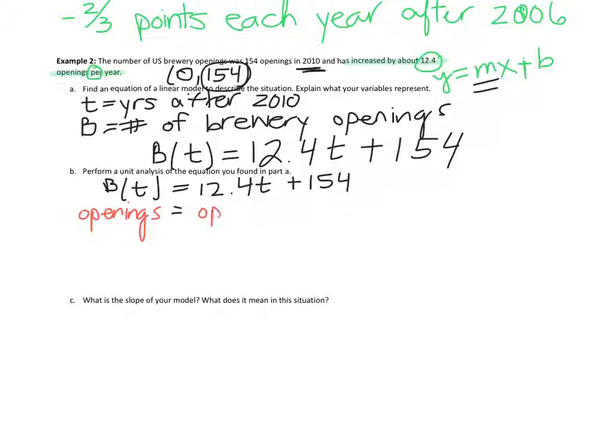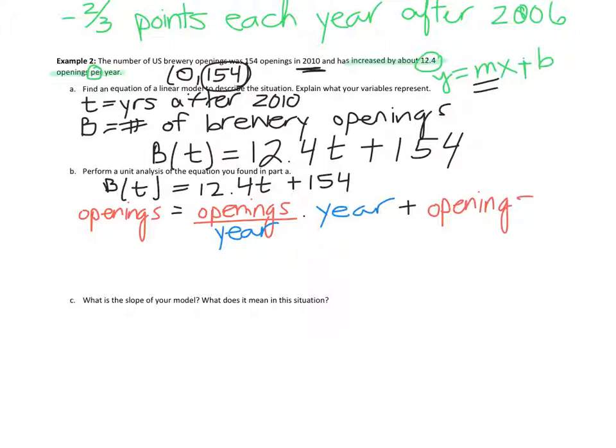Per is another way of saying divide. So openings per year. T stood for years after 2010, so T is a year. And then finally 154 stood for 154 openings in 2010. So we could write, again, that's 154 openings.